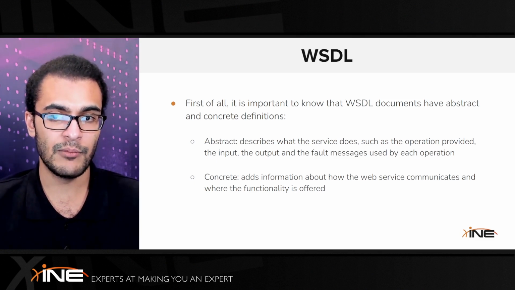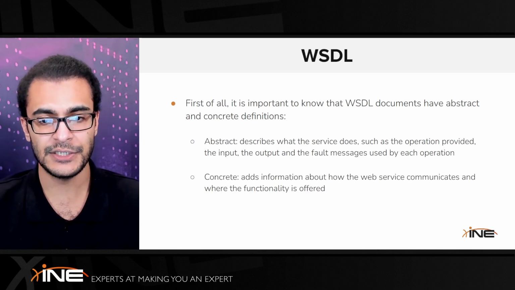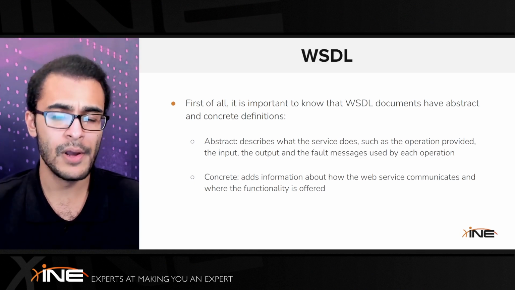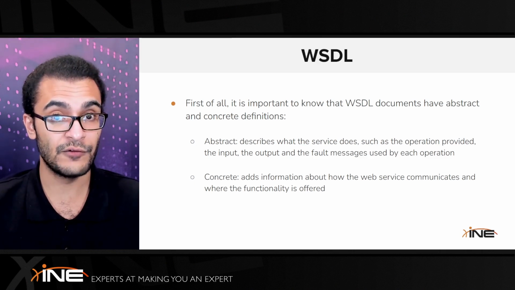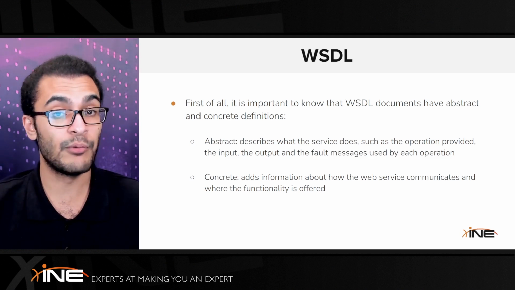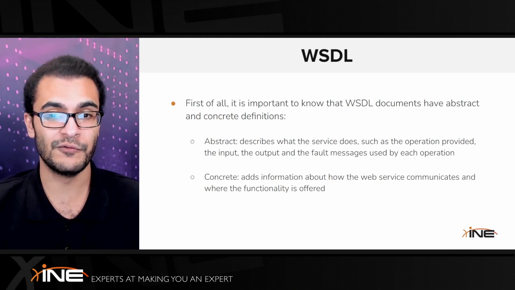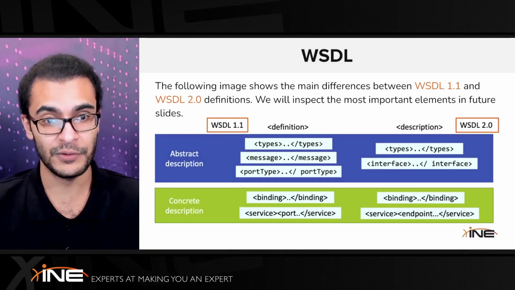Whereas concrete WSDL documents add additional information about how the web service communicates and where functionality is offered. And it'll also go deeper into supported methods, and so on and so forth.